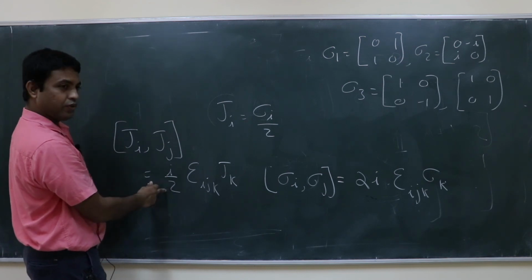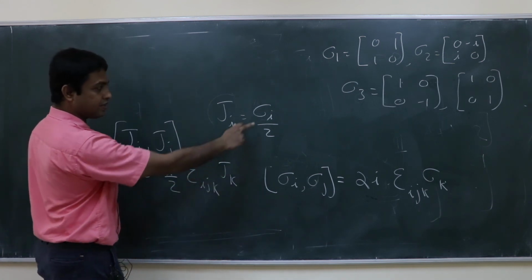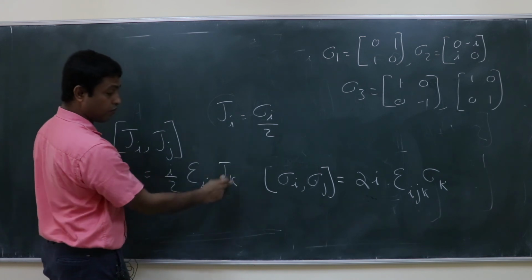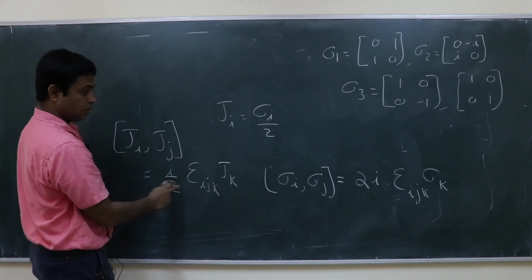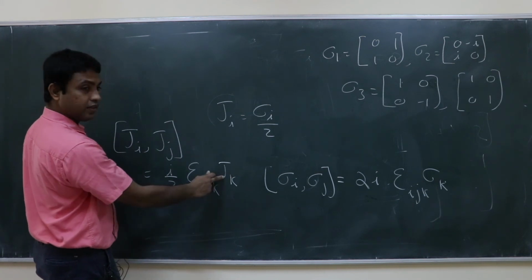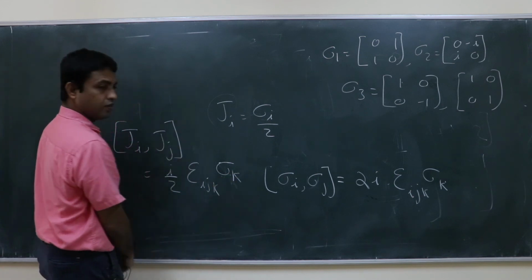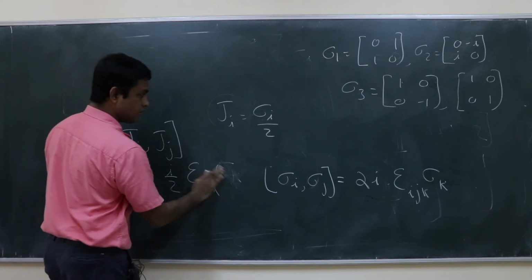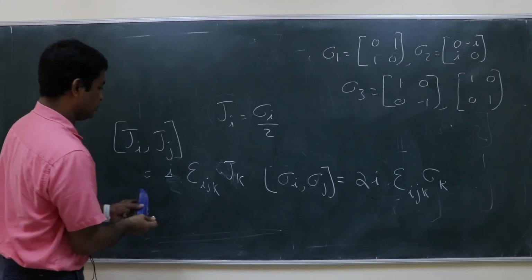So because of 1 by 4, there should be 2? No. Because j k is again sigma k by 2, there is a 2 coming from there. So that 2 is incorporated. This by 2 is already there in the j k. If it were sigma k, fine. But this is j k. So there is no 2.